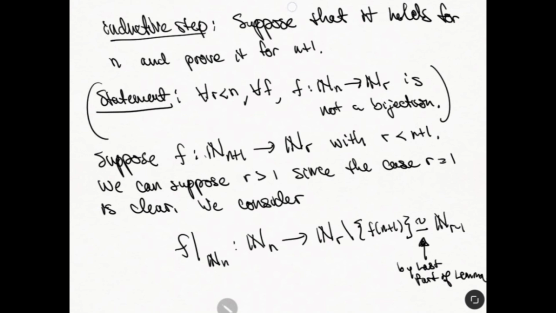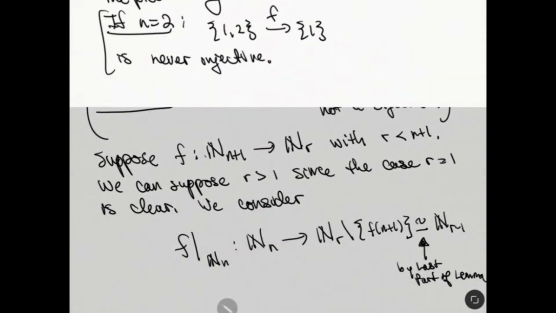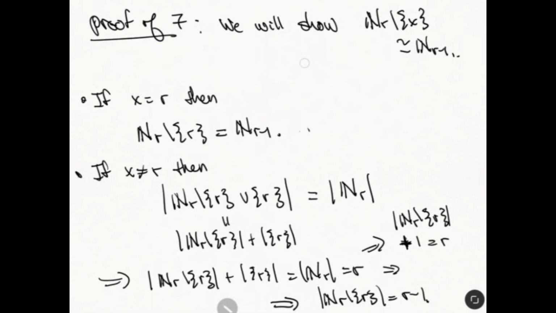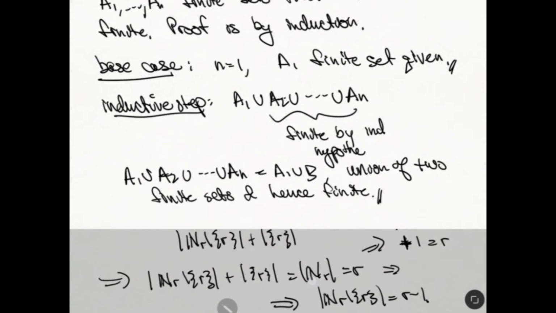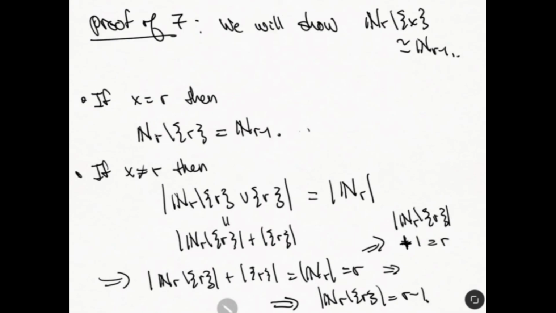So this was by the last part of the lemma. And maybe I can scroll back here. Oh, let me go back. The last part of the lemma here is this thing here. So if we remove 1, then we get this thing.